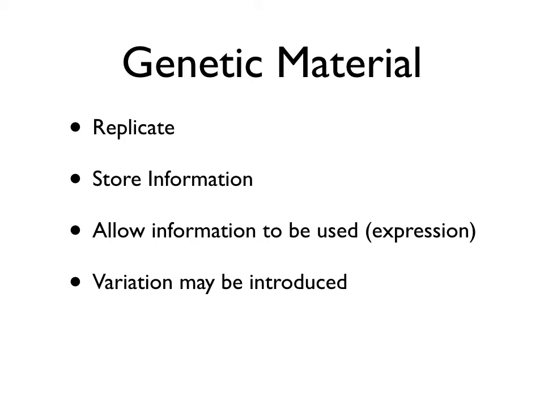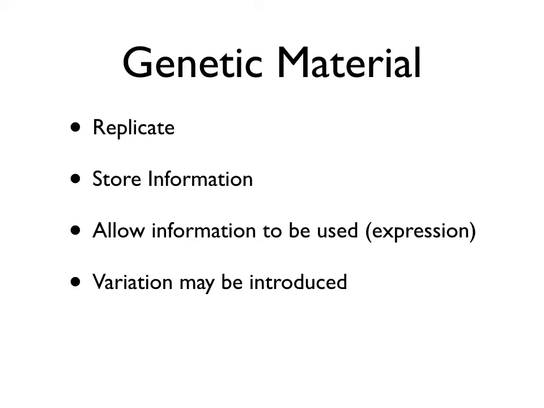So the fact that I have brown eyes, like both of my parents, means I received somehow information on how to produce a brown iris from my parents. So my parents needed to replicate that information. It needs to be retained in a faithful fashion and passed on and used.